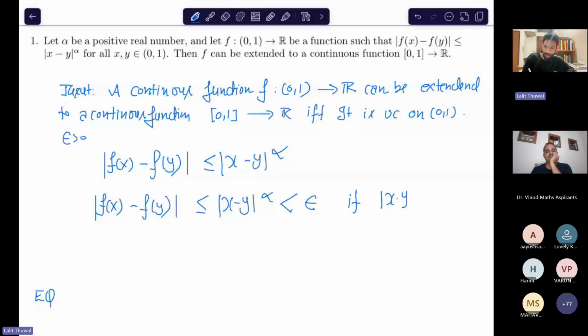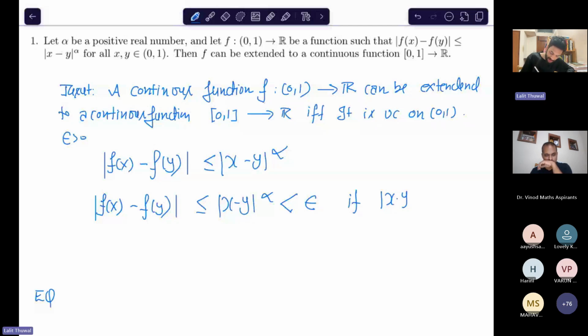And we want that, so our function f becomes uniformly continuous. It means f is UC on the open interval (0, 1).